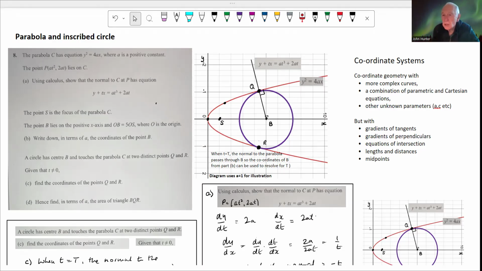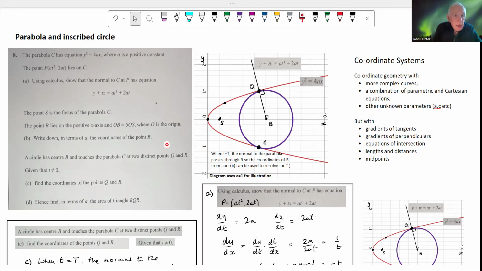Equations of intersection, where we're eliminating one of the variables and get an equation, very often quadratic in x squared, but maybe other things. We're using lengths and distances, we're using midpoints, all those toolkit things that come with coordinate geometry. They're all part of this problem as well. So let's have a look at the problem then.